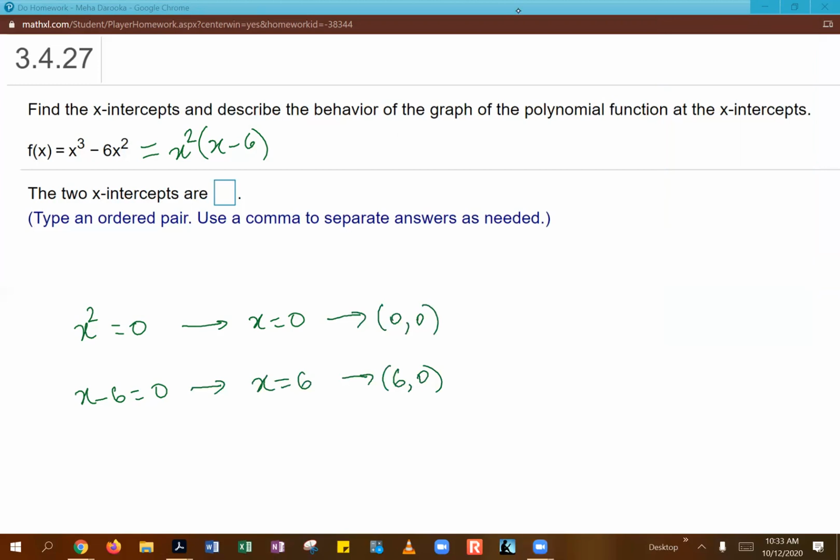Very nice, because this is raised to the second exponent, so this will have the behavior of a parabola. So this is where it touches but does not cross. And then, yeah, since this is x minus 6 raised to basically the first power, this is where your graph actually crosses the x-axis. Alrighty, good job. So let's see. 0, 0 and 6, 0.